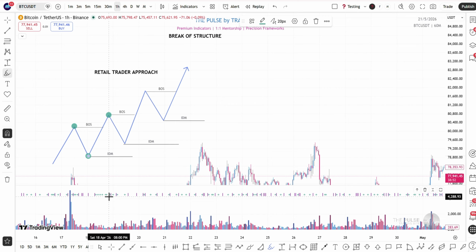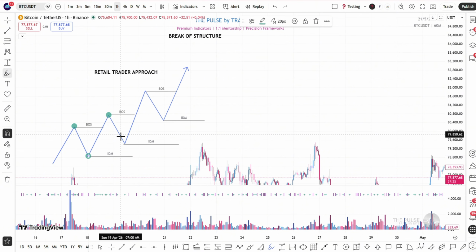We can call it a swing, we can call it an IDM, we can call it inducement or liquidity. We call it internal liquidity because this middle point has been broken by this leg, which has gone all the way up, and this is the break of structure. Now this is IDM, we call it internal liquidity.